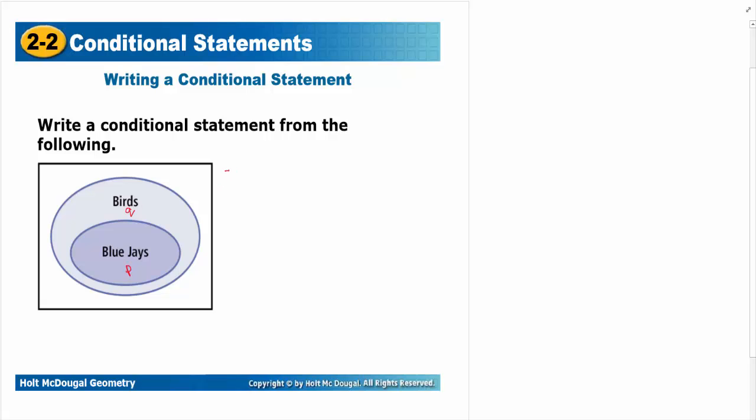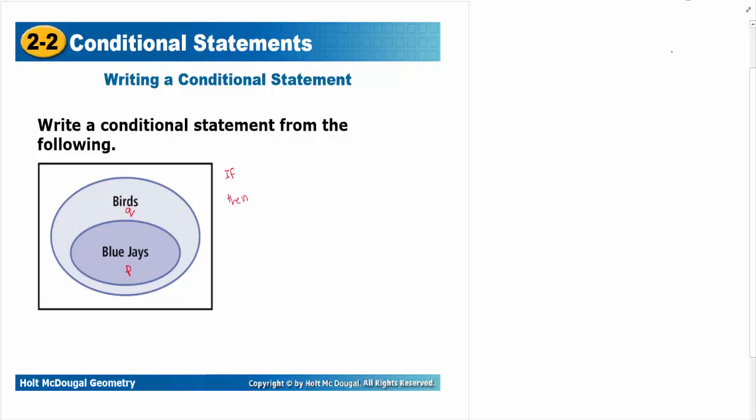Okay, so we need to write a conditional statement from that statement. We're going to have our if, and then we'll have our then. So I'll write it like this: the first half of the sentence here, then the second half there. So if we have blue jays, now again, this is a type of bird, then we'll have a bird.